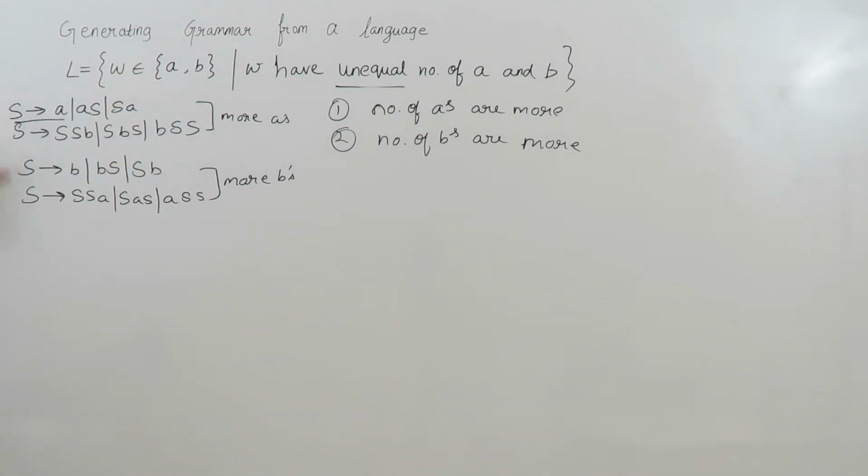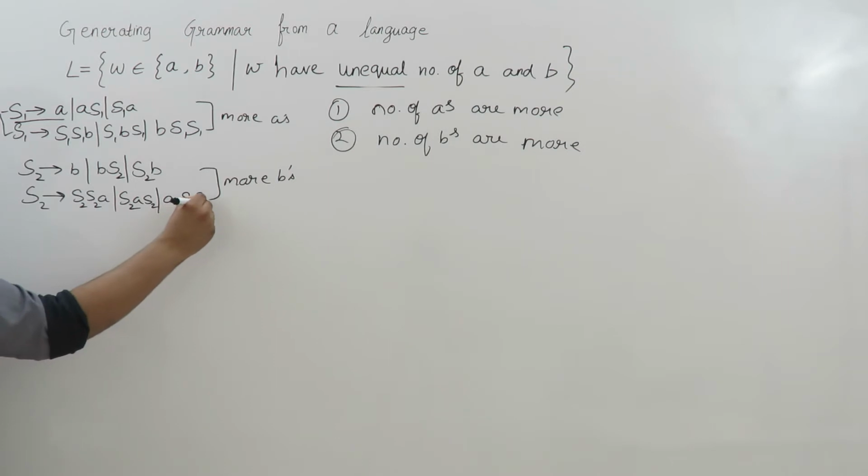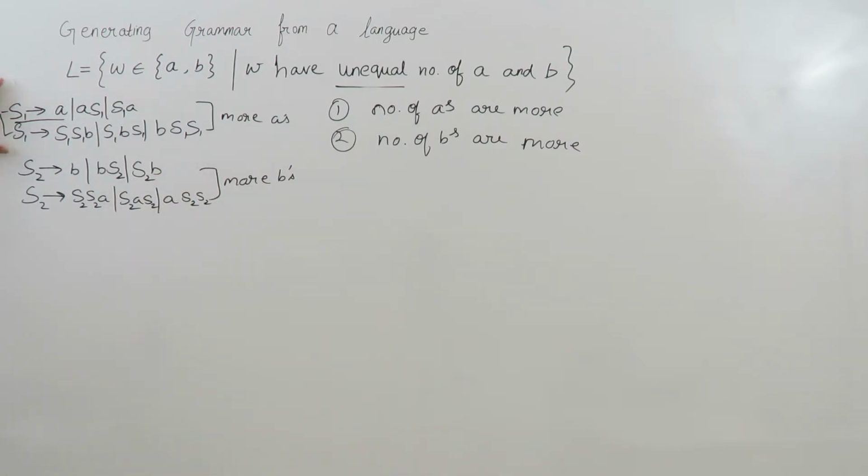Now how do we combine these two sets of productions? For the first, suppose we replace S by S1, and for the other, we replace S by S2. Now for more A's, the start symbol is S1, and for more B's, the start symbol is S2.